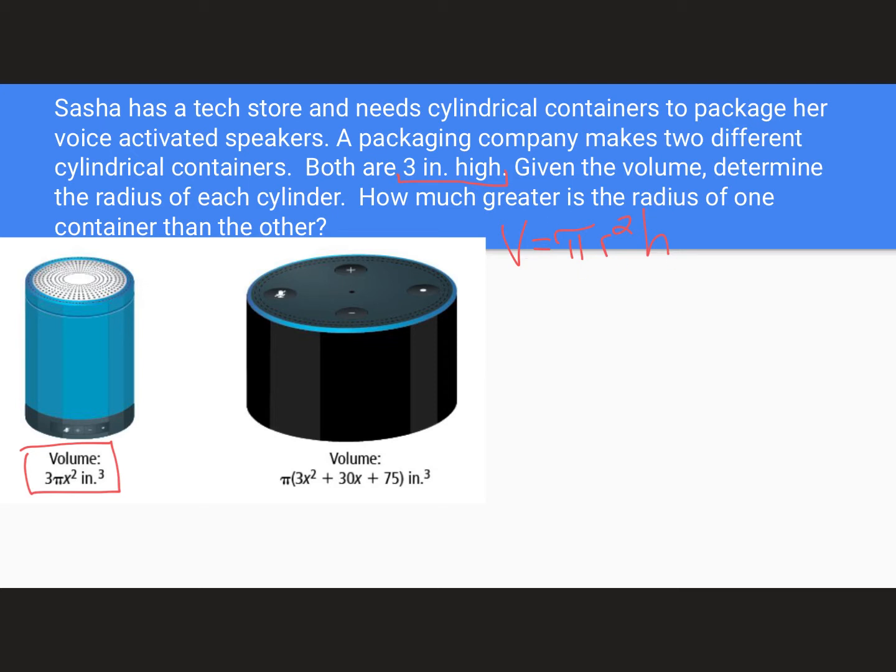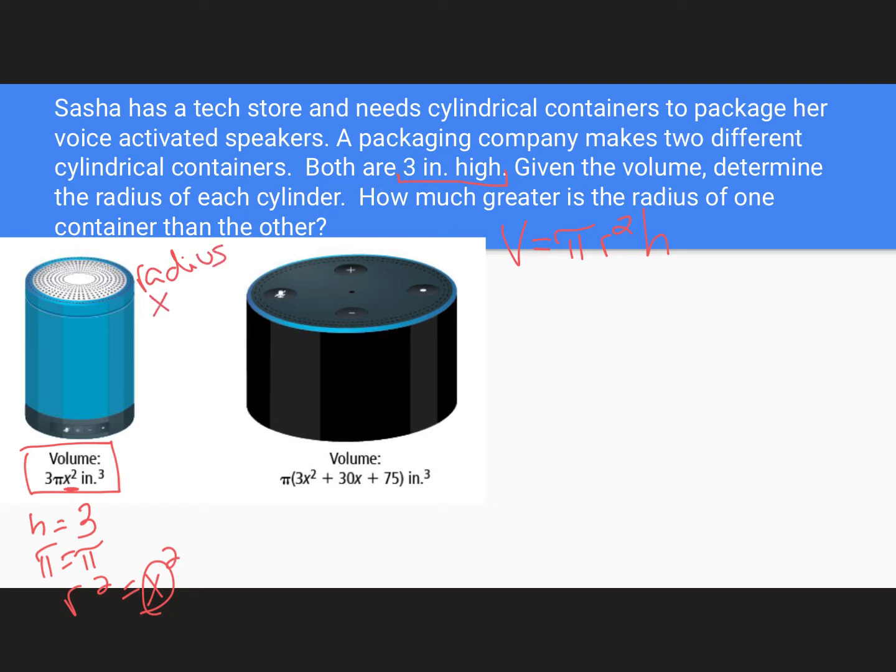I can see that with a height of 3, and then I know pi is pi, right? So all that's left in my formula is r squared. That means x squared must be r squared. Therefore, the radius is x. So for this one, the radius is x.